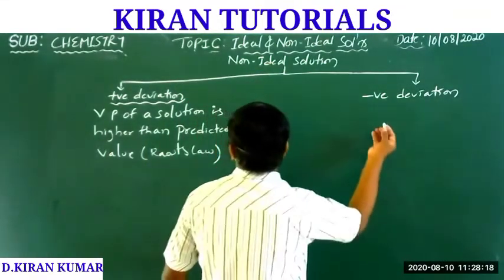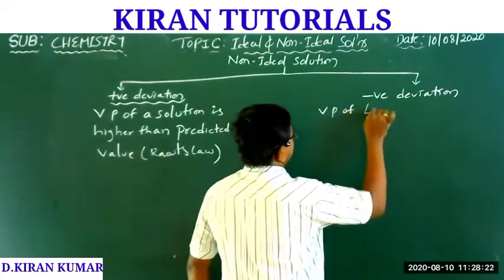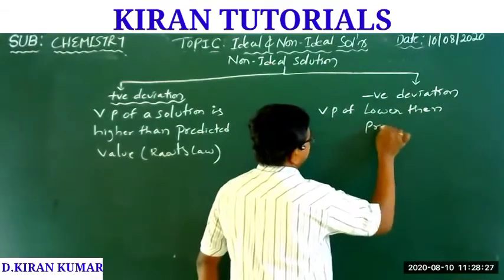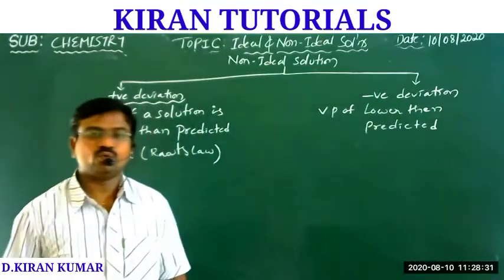What is negative deviation here? Vapor pressure is lower than predicted. Then it is called negative deviation.